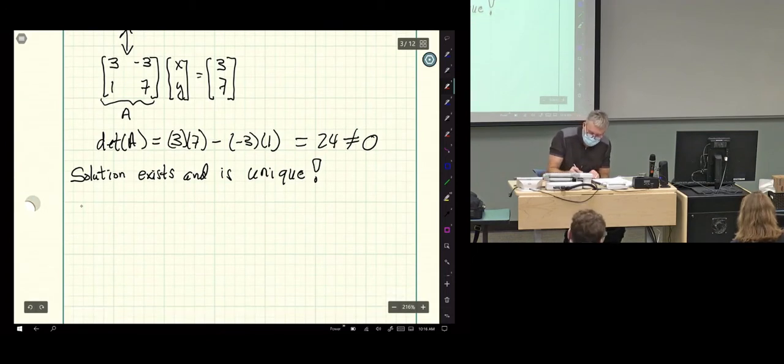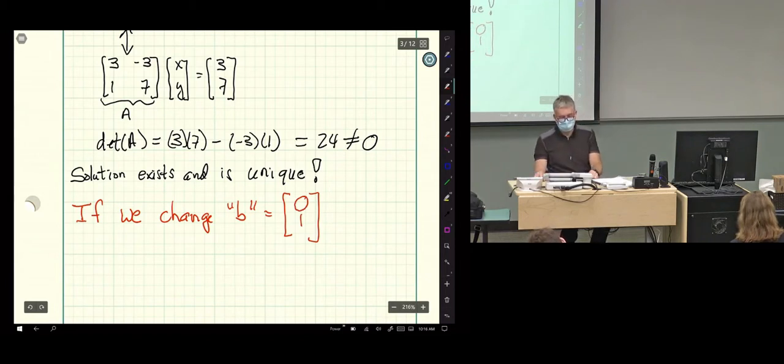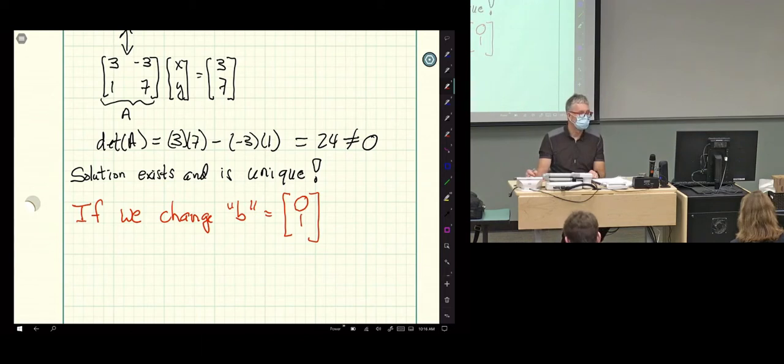Now, suppose I change the equations so that my B vector is something else. I'm sitting, so I write better? I don't know. Okay, it's not 3, 7 anymore. How does that affect the existence and uniqueness of solutions?